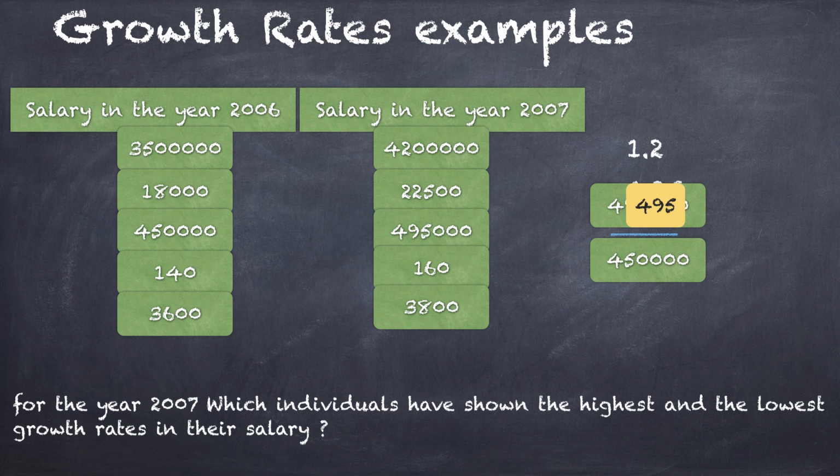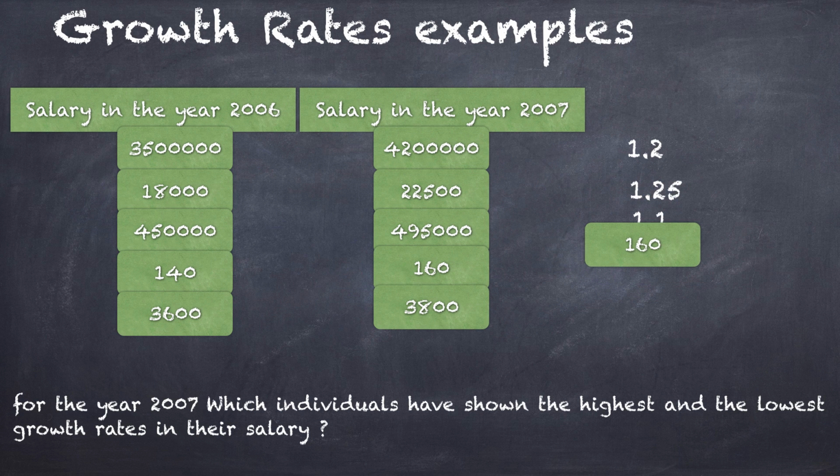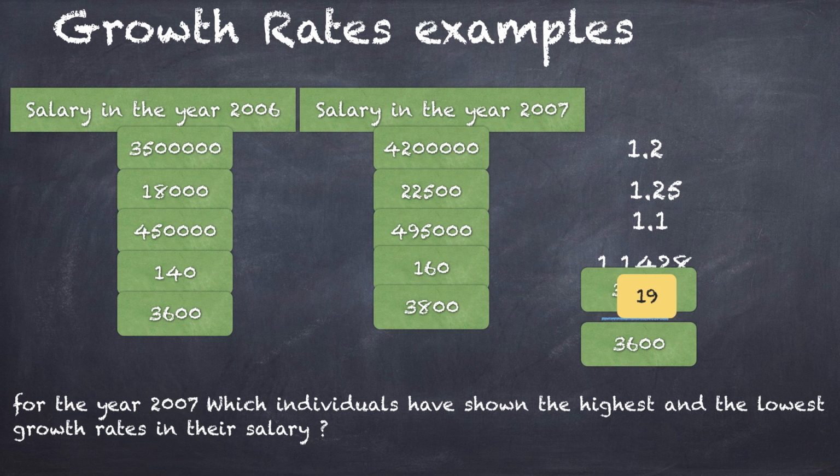If I simplify it, it becomes 11 by 10 eventually, or the value of the fraction becomes 1.1. Similarly, for 160 by 140, it becomes 8 by 7, and the value of 8 by 7 becomes 1.1428. Lastly, 3800 by 3600, the value becomes 19 by 18, or the exact value becomes 1.055.